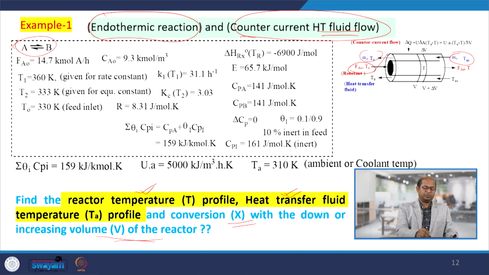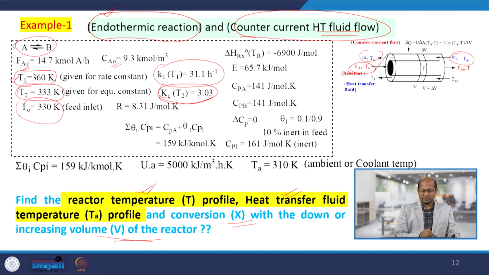So, for endothermic reactions we will discuss. Molar flow rate is given, initial concentration is given, and the reaction rate constant at a given temperature is given. At this temperature the equilibrium constant Kc is given. This is the feed inlet temperature at which the reactant enters, that is given, and the gas constant is given.